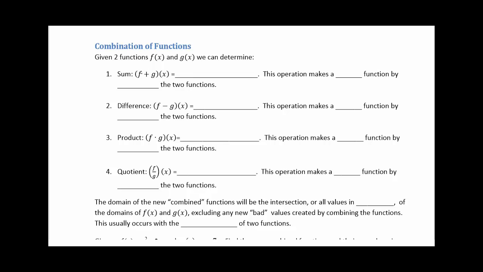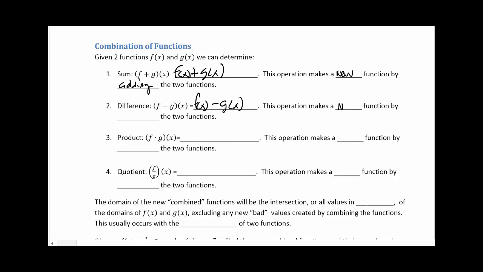If I have this symbol here, where it's f plus g, that simply means that I'm adding f of x plus g of x. And this actually creates a new function by adding the original two functions. The difference, so f minus g of x, means we're going to take f of x and subtract g of x.